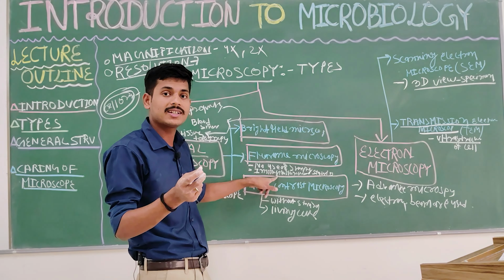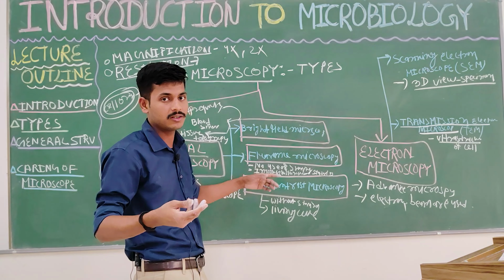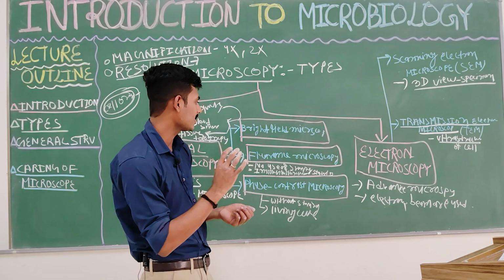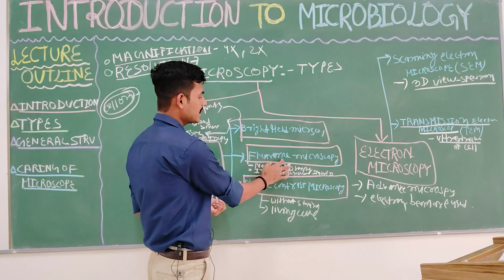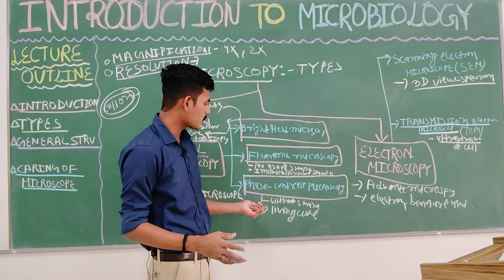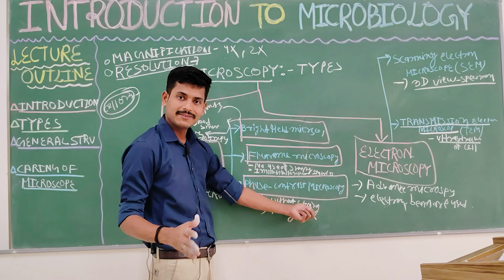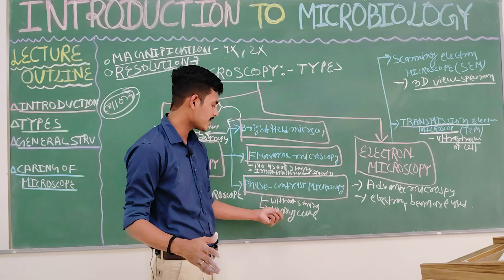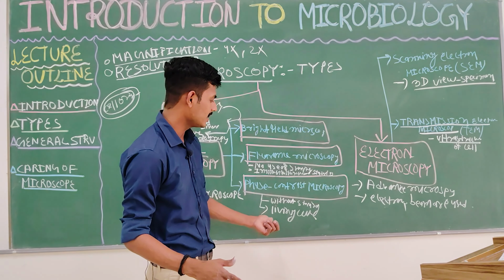When there is a reaction, that reaction becomes clearly visible under the fluorescence microscope. Now, in the phase contrast microscope, there is no need for staining, and you can directly see the living thing.